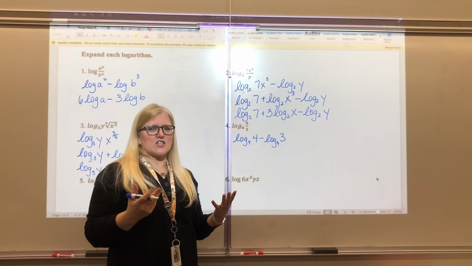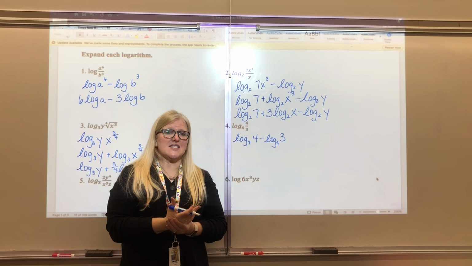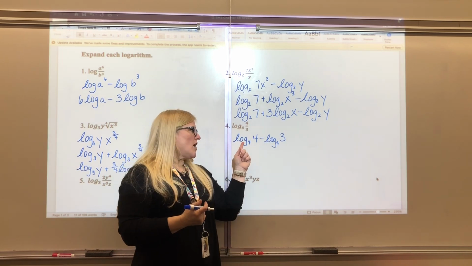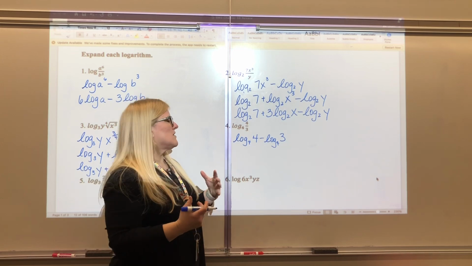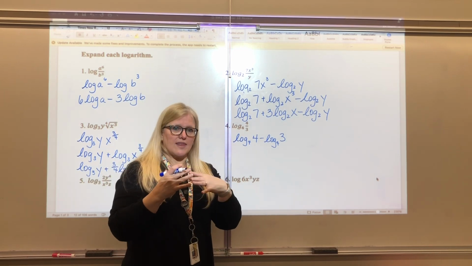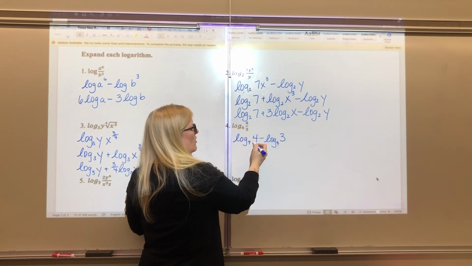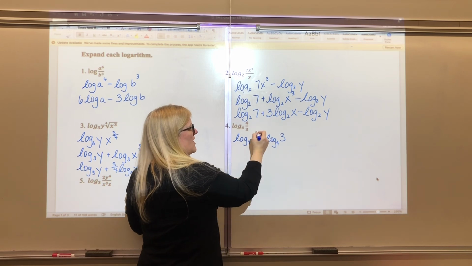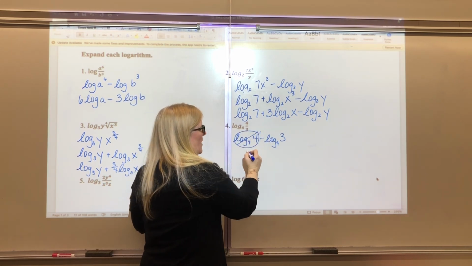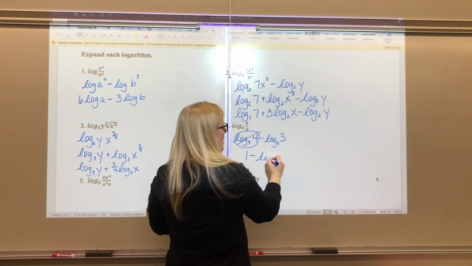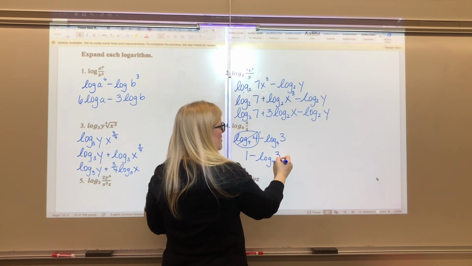Now, this looks like it should be the end, but it does say to simplify. So log base 4 of 4, when we look at our properties of undoing things, is log base 4 of 4 to the 1st power, this cancels. So we have 1 minus log base 4 of 3.